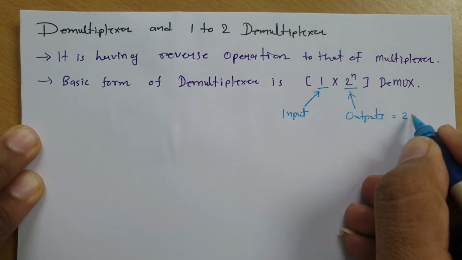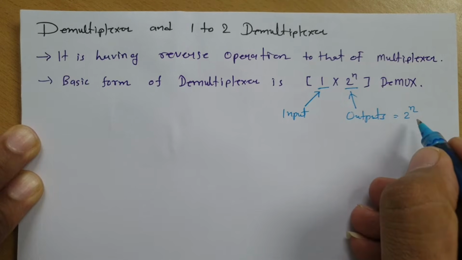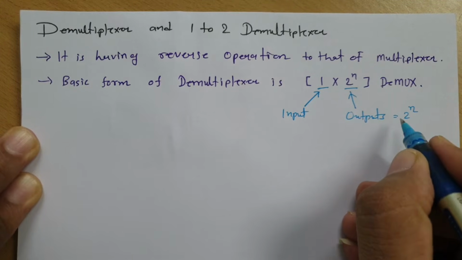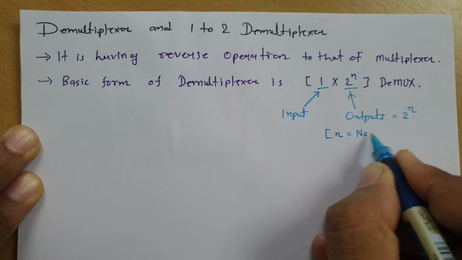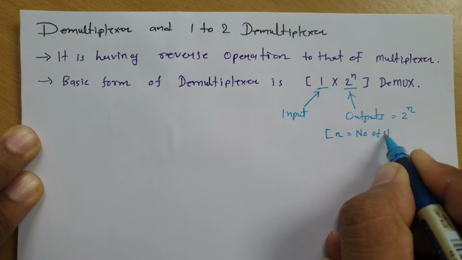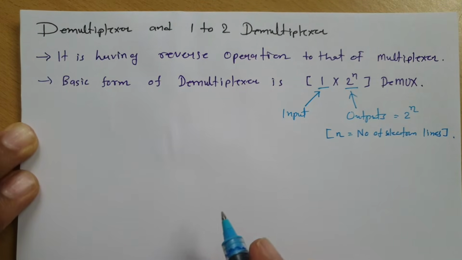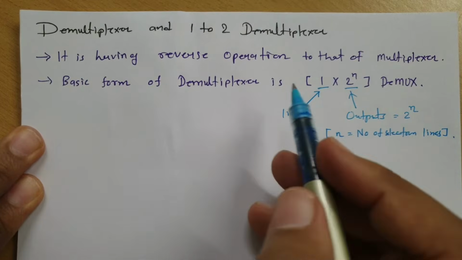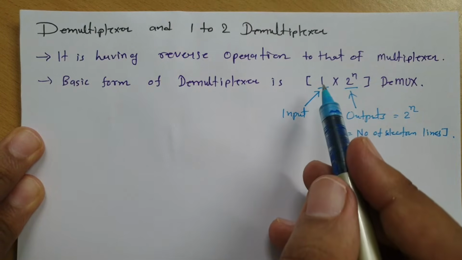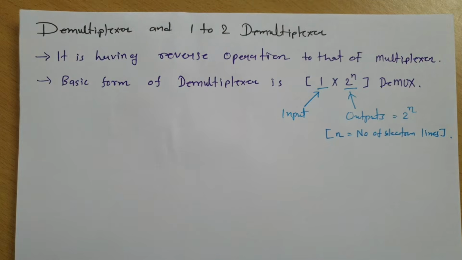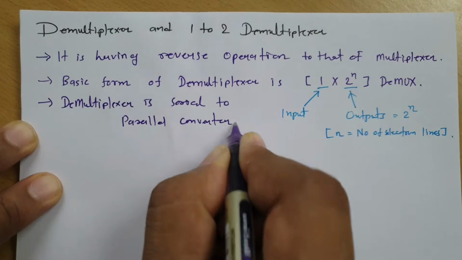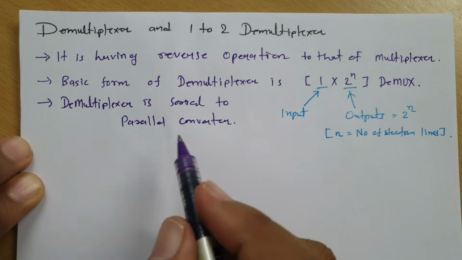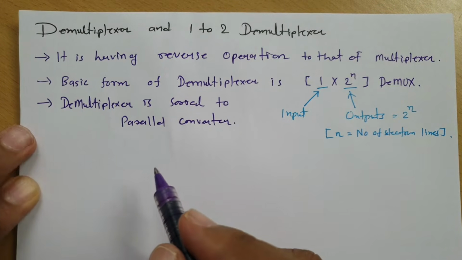So there are a total of 2 to the power n outputs, where n is the number of selection lines. You will find this device referred to as a demultiplexer, used to convert serial data into parallel. So the demultiplexer is a serial to parallel converter.